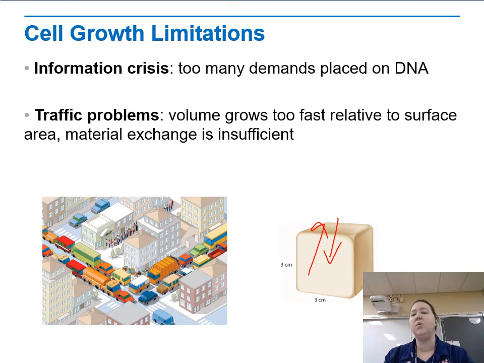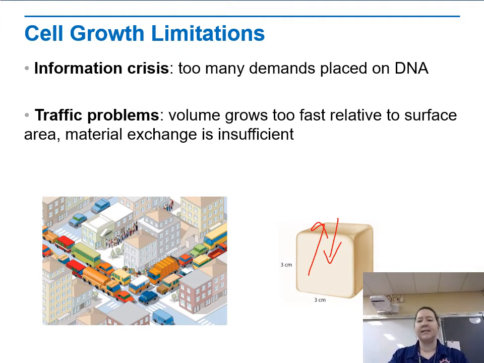If you leave school at 2 o'clock, it's not nearly as crowded as if you leave after doing something and you're here until 4:30 or 5. That's rush hour. So that's what happens in the cell: as the cell grows, it ends up being in a constant state of rush hour, and that means it can't get anything done. That's why it takes longer.